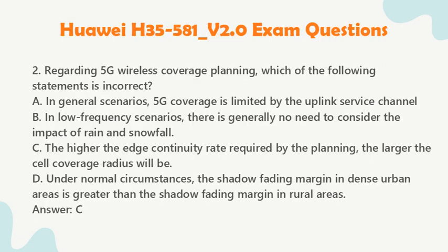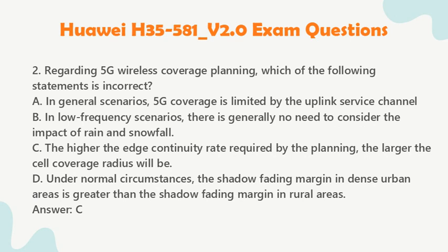2. Regarding 5G wireless coverage planning, which of the following statements is incorrect? A. In general scenarios, 5G coverage is limited by the uplink service channel. B. In low-frequency scenarios, there is generally no need to consider the impact of rain and snowfall.